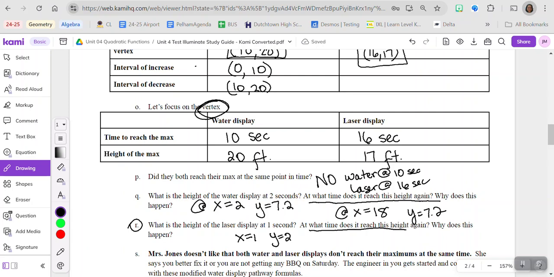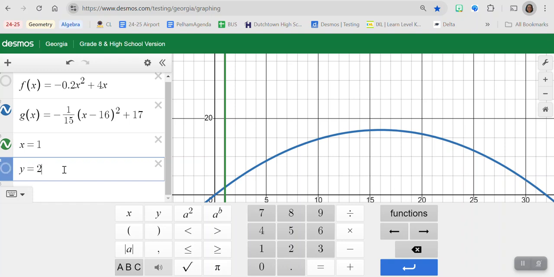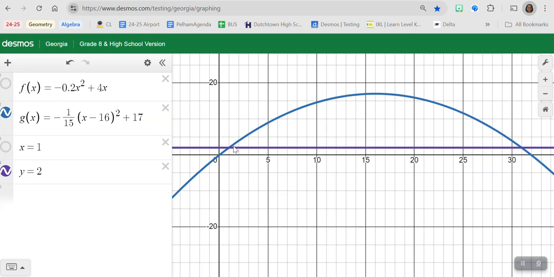At what time does it reach this height again? So you come here and you say 2. Okay, we can't see it because I took the color away, so let me give you the color again. So you go, that's the horizontal one. And so it reaches it when x equals 1, and it reaches it again when x equals 31.